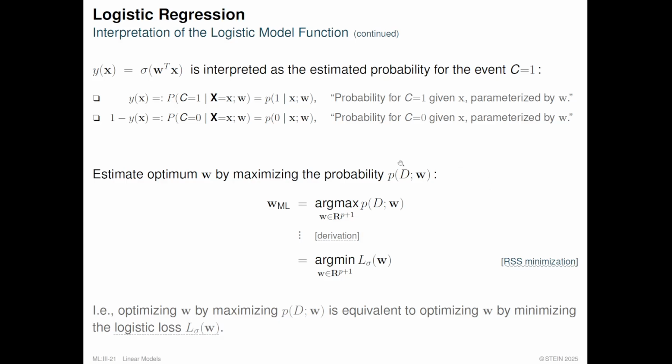And what we do here is we try to obtain the model weights with the maximum probability of our data set, given the weights, being correct, so to speak.